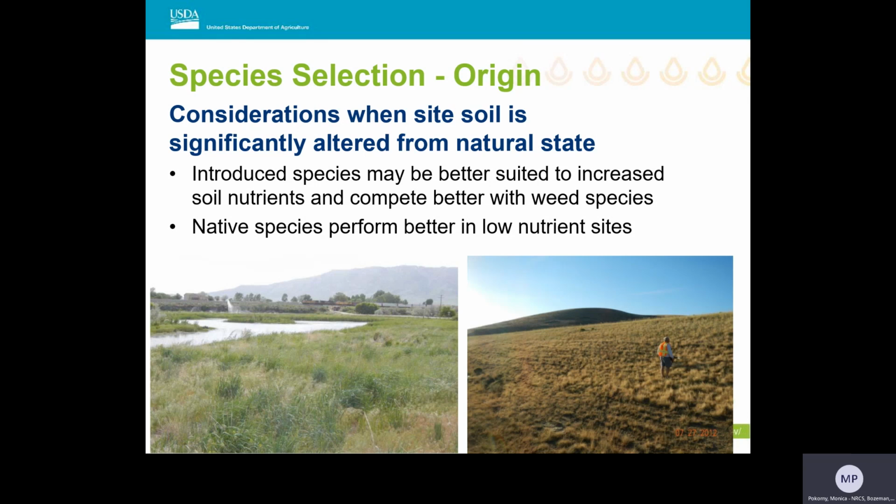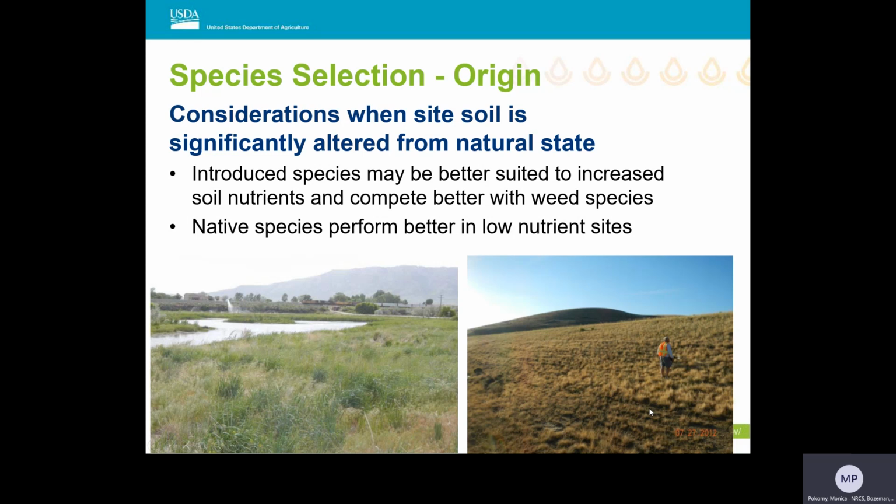So as part of the wetland enhancement project, we wanted to seed a diverse mix of species, and we included a mix that was half native species and half introduced species as a way to increase the diversity, but also have some competition with the weed species that were present on the site. And we had pretty good establishment and really equal representation of the natives and the introduced species established.